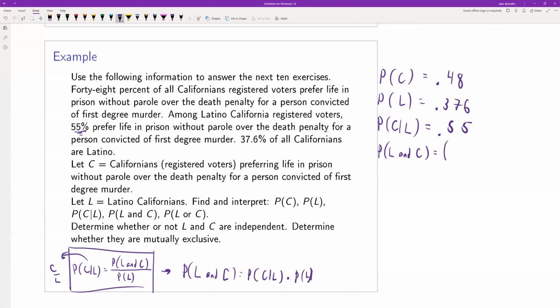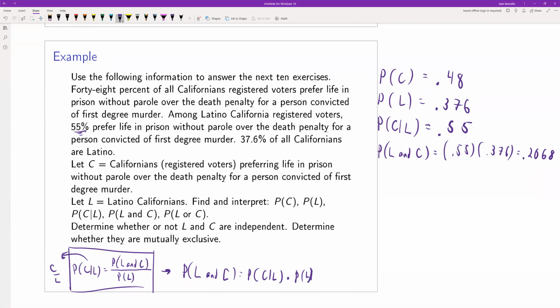That will end up being 0.55 multiplied by 0.376. Putting that into our calculator, we obtain 0.2068. About 20% of voters are both Latino and prefer life in prison over the death penalty for this specific crime.